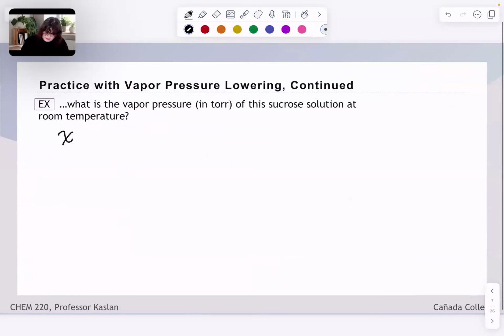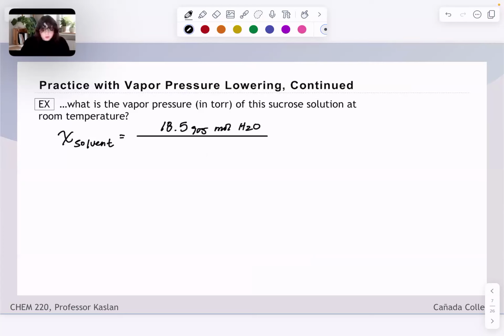I get a mole fraction of solvent equal to 18.5905 moles of water over our total moles of solution.